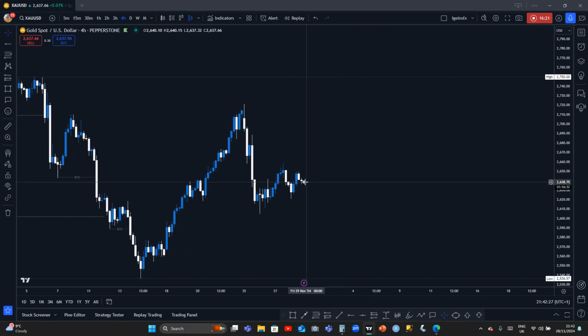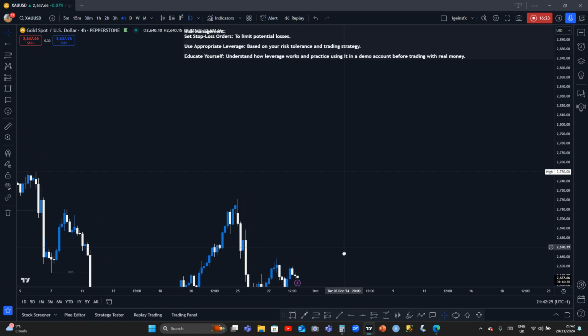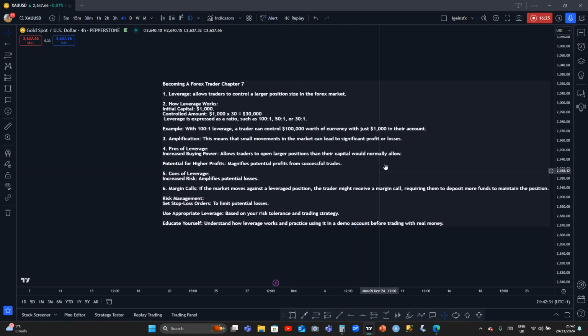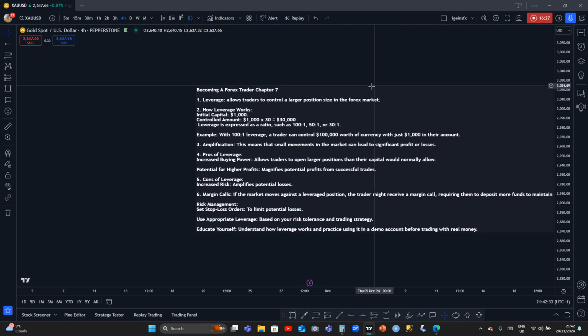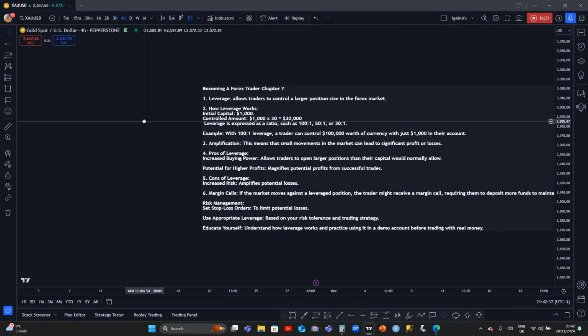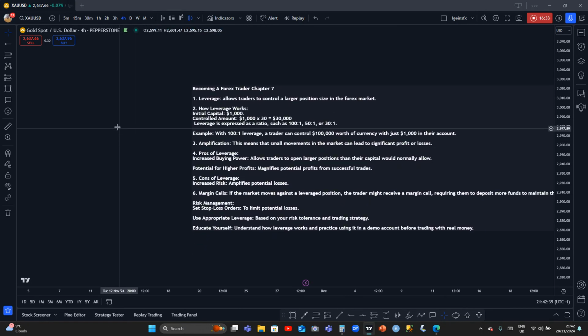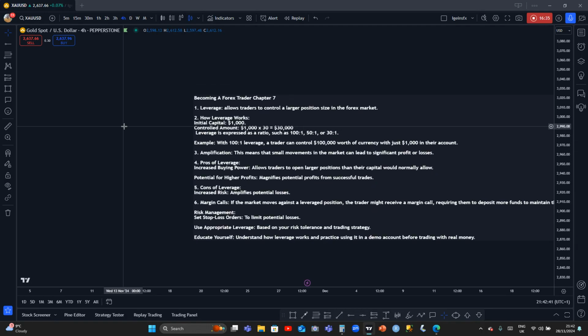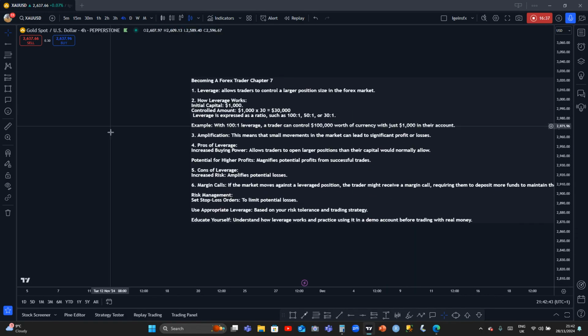But if it's going against you, you're already in massive loss. So trading a big account has its own pros and its own cons. It has its own advantage and its own disadvantage. And that is why risk management is very, very key.